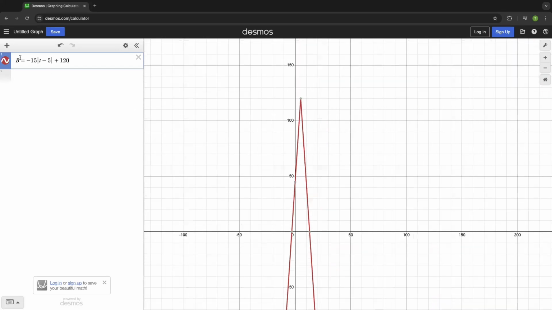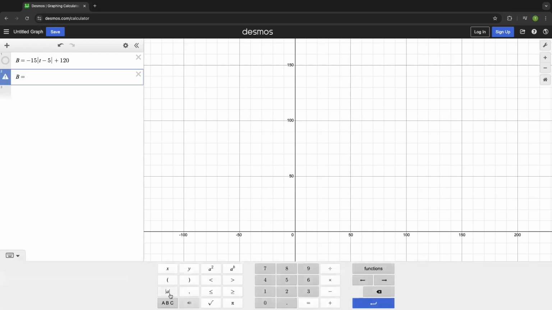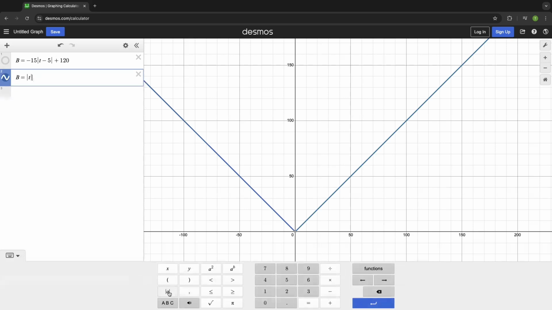It looks a bit like that, but I'm going to remove that for now. We're going to start with the original graph, b is equal to the absolute value of t.